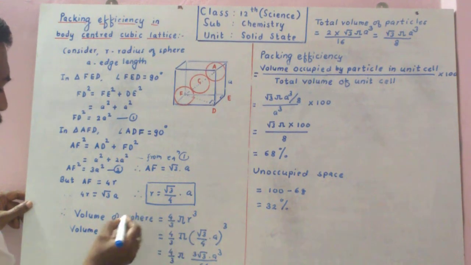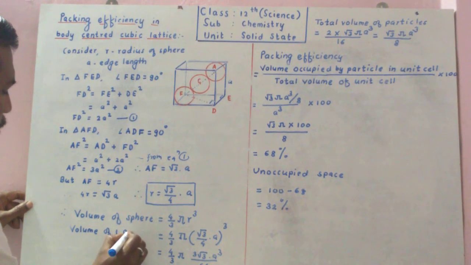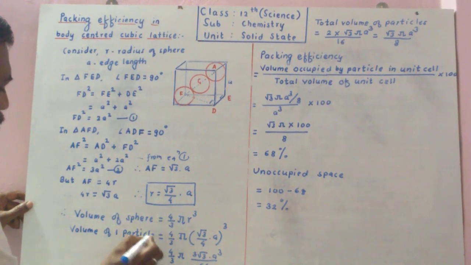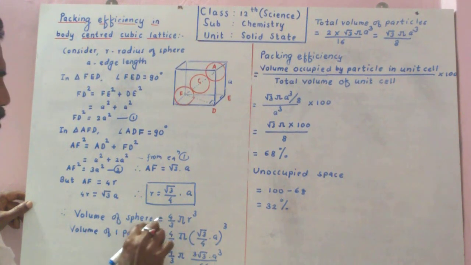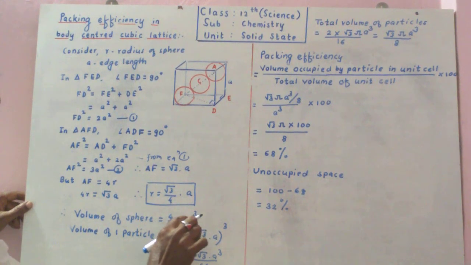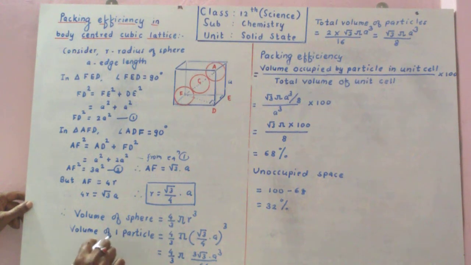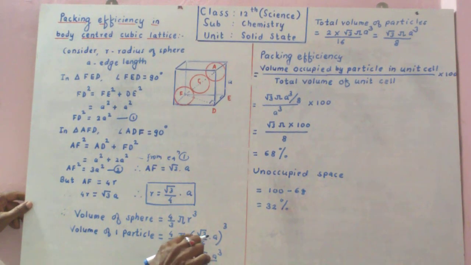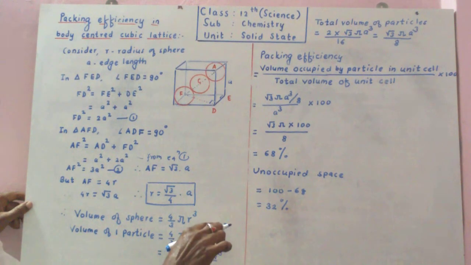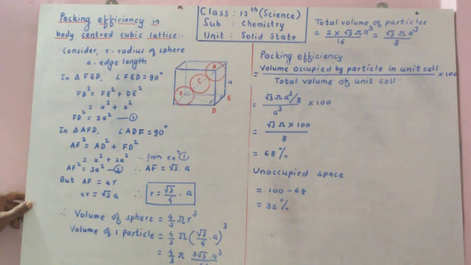That particle is spherical, so it is the volume of one particle. Here we have written the formula of volume of sphere 4 by 3 pi r cube. Then it is the same. So the volume of one particle is 4 by 3 pi in bracket root 3 upon 4 a bracket cube.